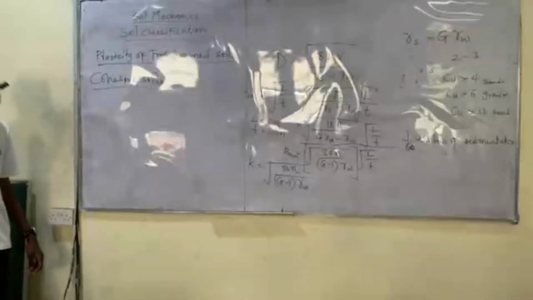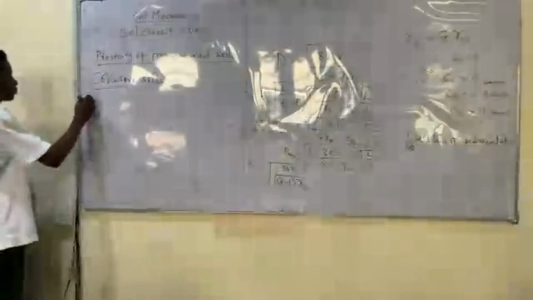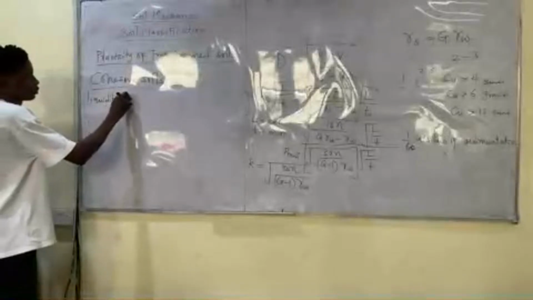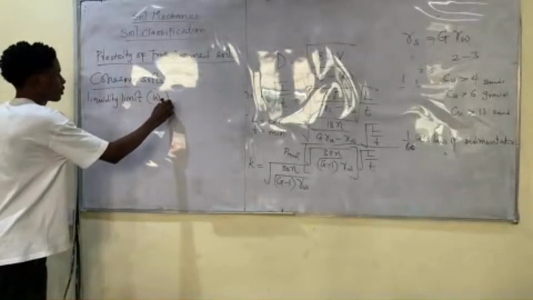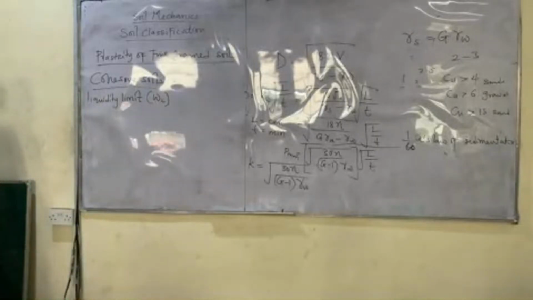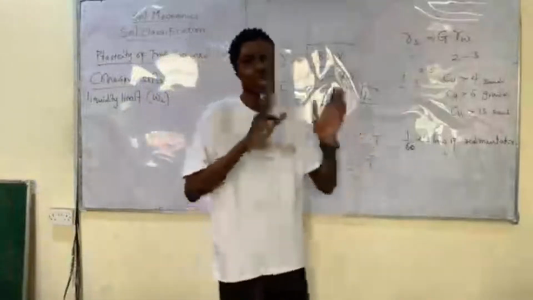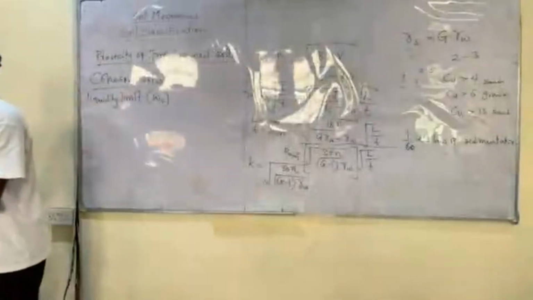The first term, the liquidity limit. So what is this liquidity limit? The liquidity limit is the point at which the soil tends to not become liquid anymore, and then it becomes plastic.